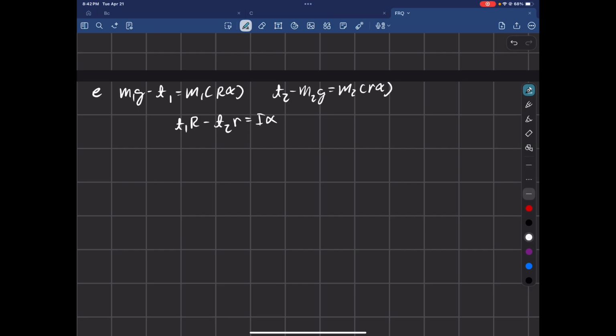Now we have to solve for the tension and plug it in. So the tension up here for the first one would just be this, and the tension for 2 would be this. When we plug it in, we would get this.